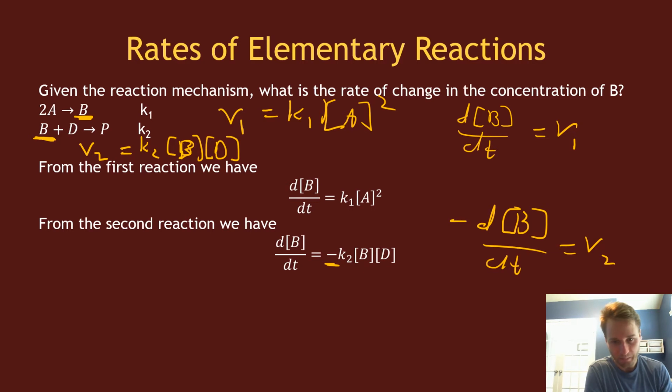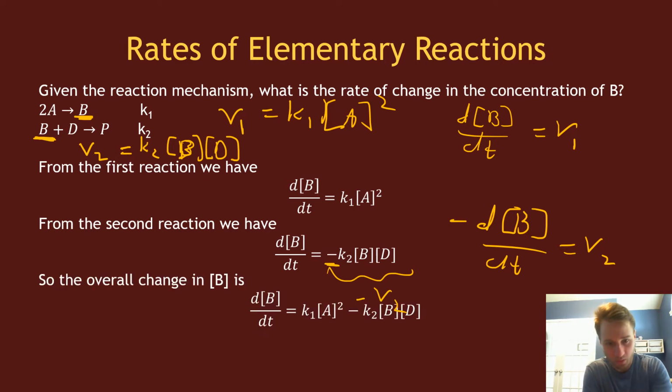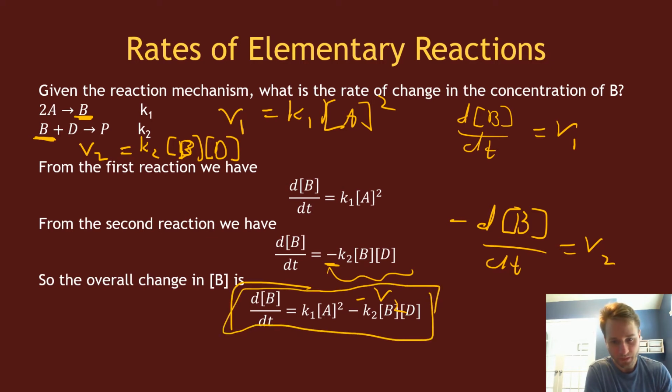So I got that minus sign because the concentration of B is decreasing for the second reaction. Okay, so the overall change in concentration of B is just the sum of these two things, and I have this final form for the overall change in concentration of B.